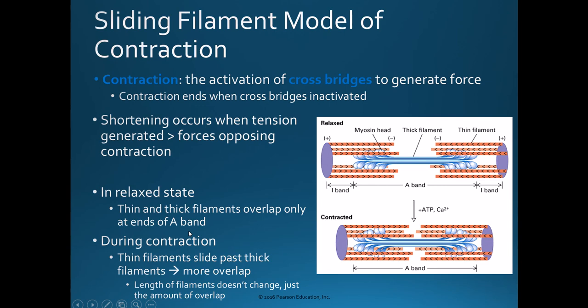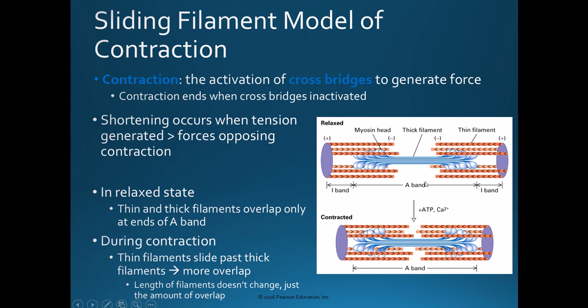And in terms of how muscle contraction works, it's really the contraction of the sarcomere that is actually responsible for the overall contraction or shortening of your muscle. So we get these connections between the actin and the myosin when there's calcium involved, and ATP, of course.